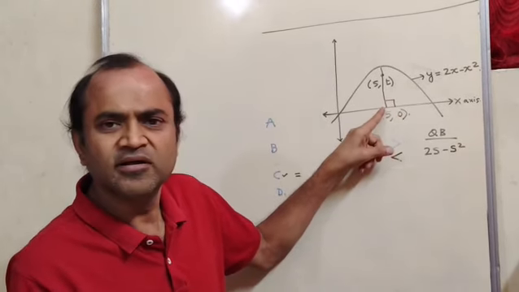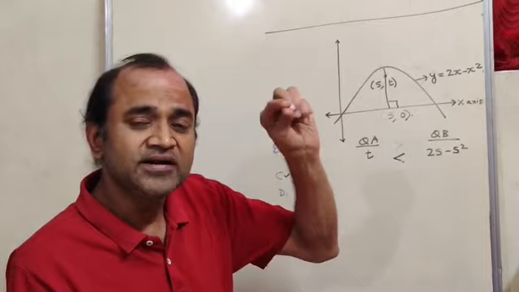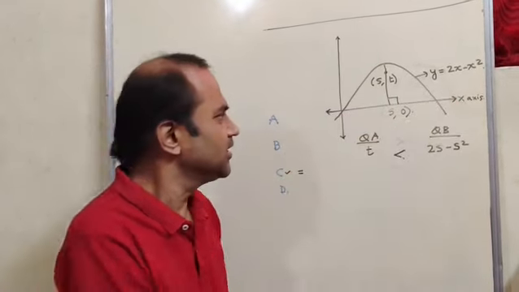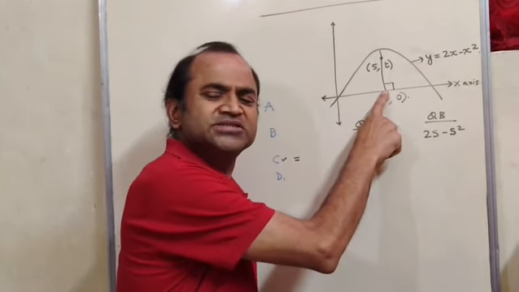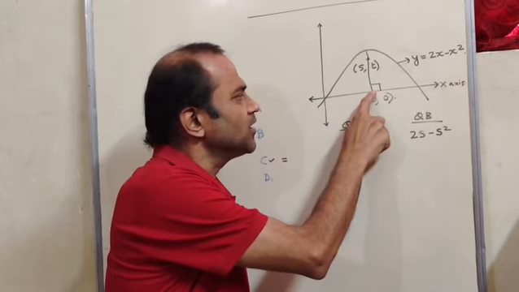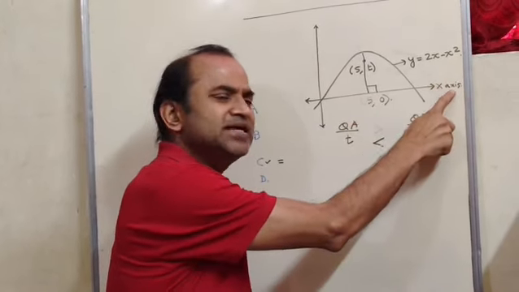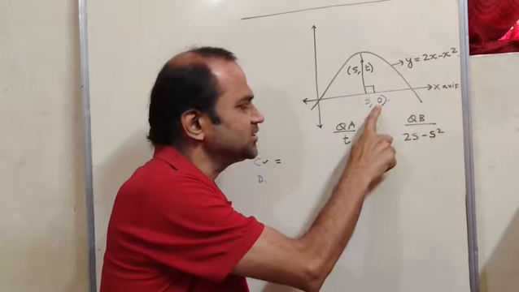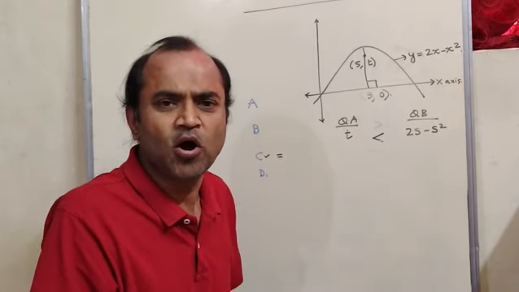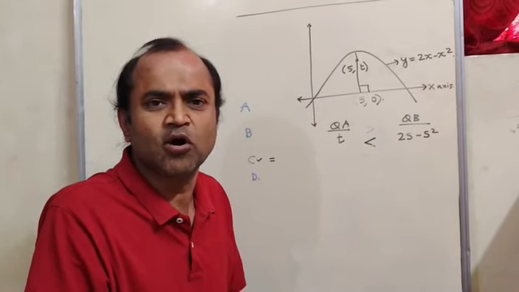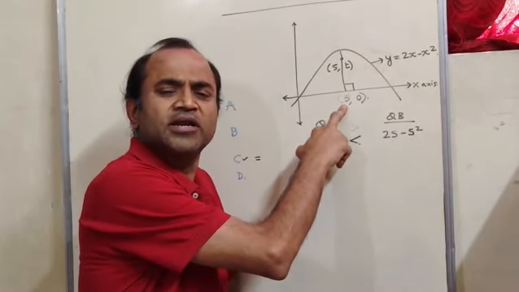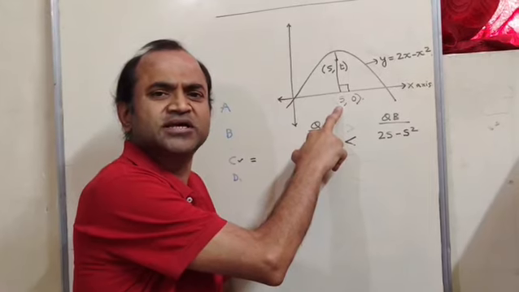Here the point of intersection of the straight line with the x-axis is this point. So certainly the y coordinate of this point which lies on the x-axis has to be 0. Nothing other than 0 for a point lying on the x-axis. And why should the x coordinate of this same point be s?